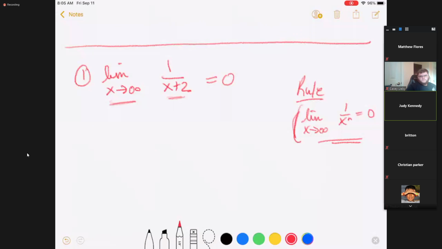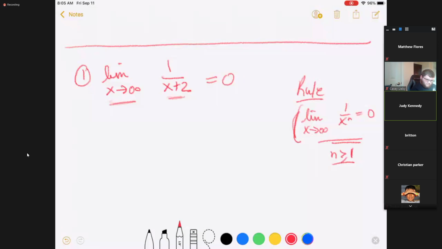And yeah, here also, if n is greater than 0, if I'm putting a large positive number in for x, and I raise it to the nth power, that's a large positive number. Oh, wait a minute. I think I need n greater than or equal to 1.